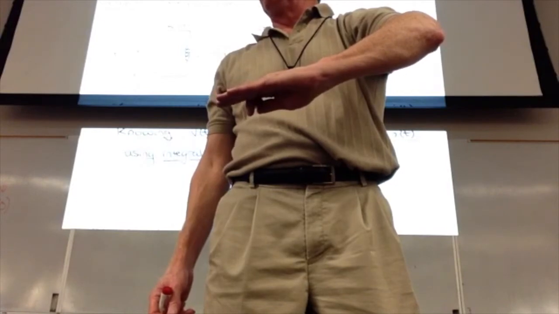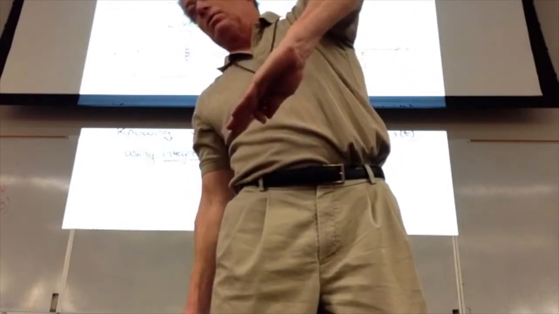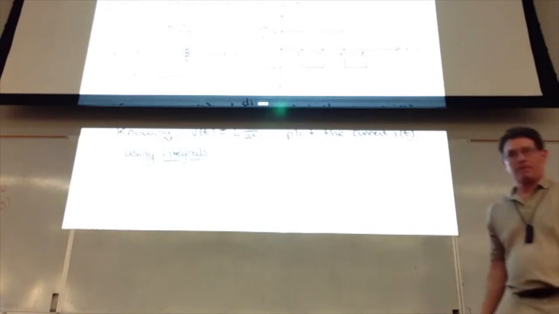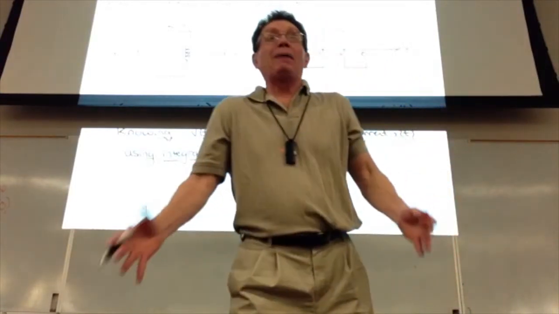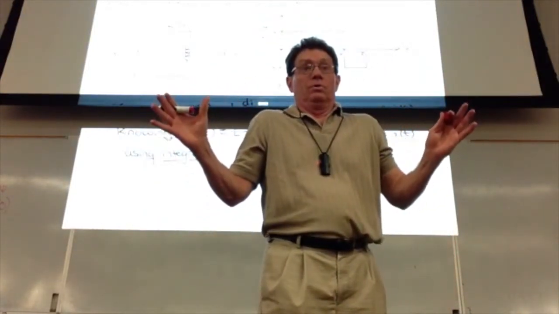What's going to be the slope? Negative. So this guy's got to start doing something like this. Now, where it ends up, I don't know. But over this time interval, this has got to go negative here.